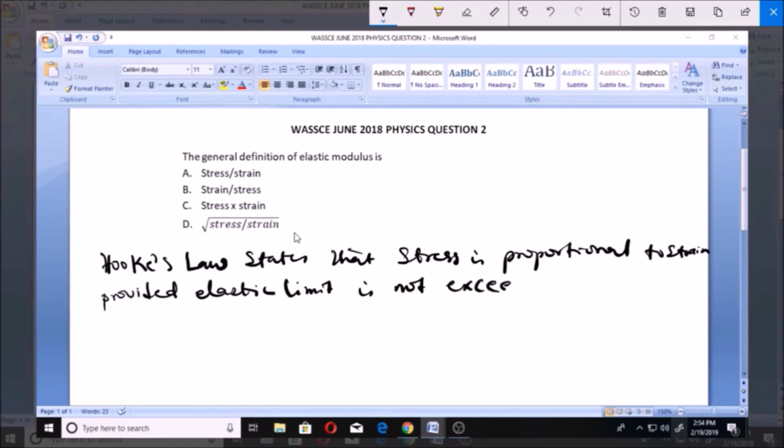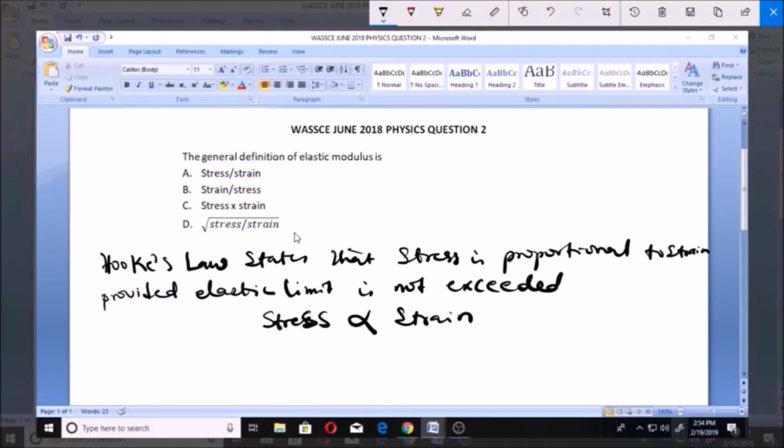That's the statement of Hooke's law. Put mathematically, stress is proportional to strain.